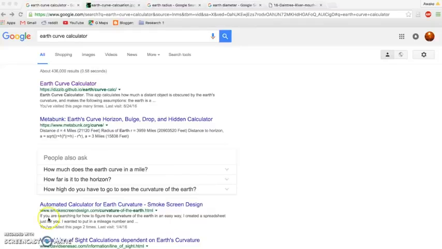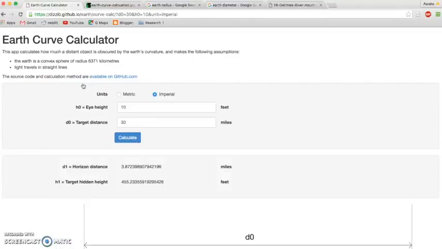So those numbers come from here. So we're back at the Earth curve calculator. We're going to check this out. We're going to set our eye height to 0, because we're looking at this from where the water of the river enters the Gulf, right down there at sea level. And the distance from the mouth of the river to my house in a straight line is 143 miles.